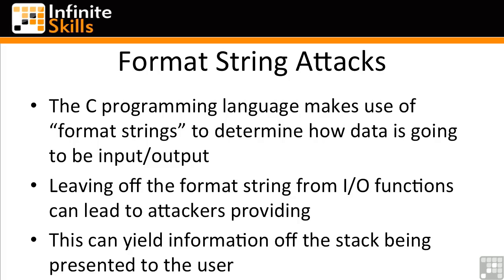Because of that, we can start looking at data that's on the stack of the running program just by providing a format string. And if I can look at the data, I may be able to find information like a return address or some other useful piece of information. There's also a possibility of being able to inject data into the stack using this particular type of attack.